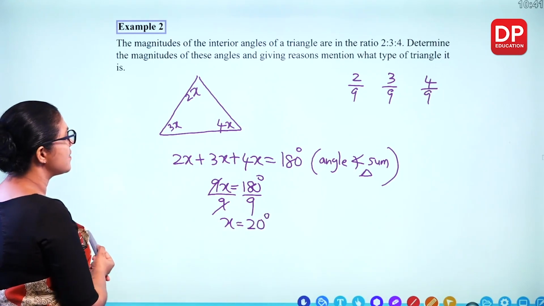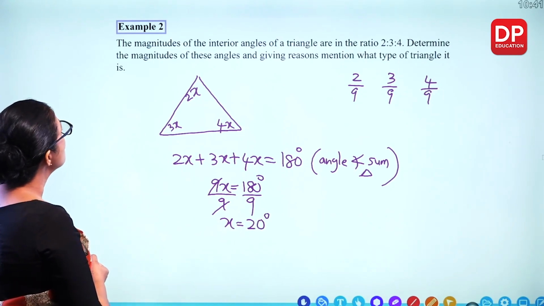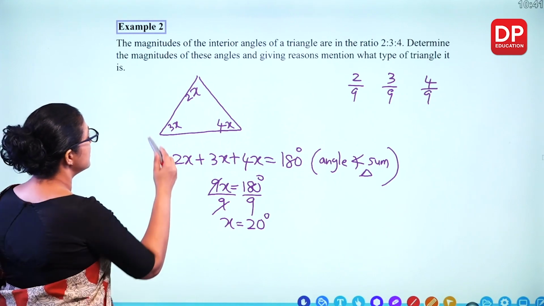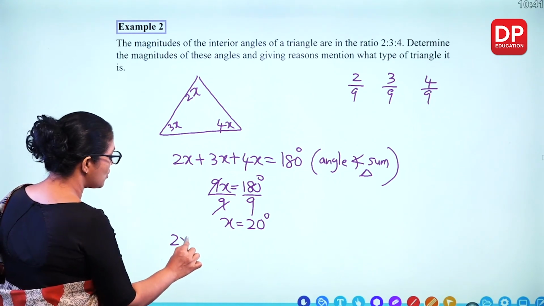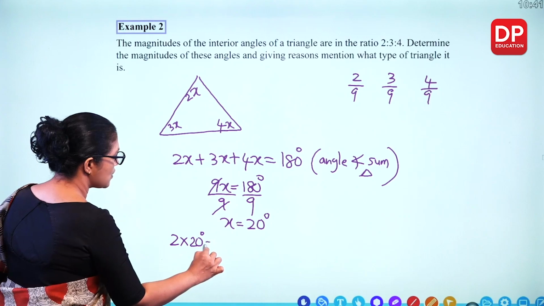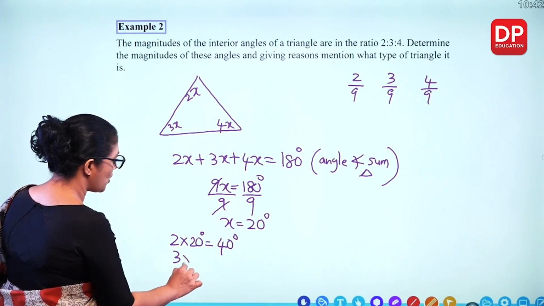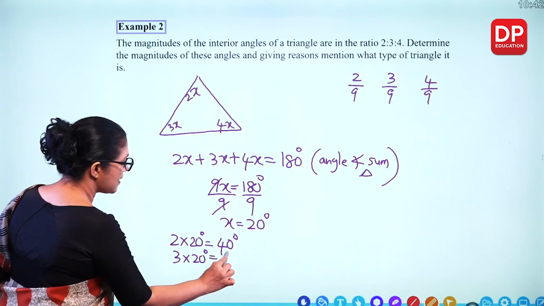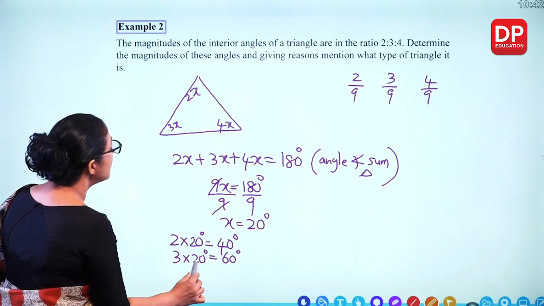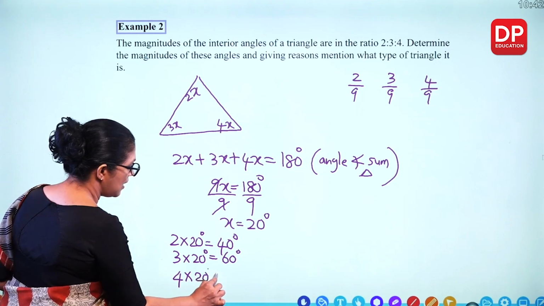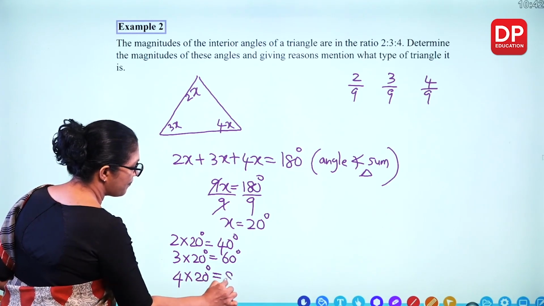So we found x is 20. So you need to find out the angles. One angle is 2 times 20, that's 40 degrees. The other one is 3 times 20, 60 degrees. The other one is 4x, 4 times 20, 80 degrees.